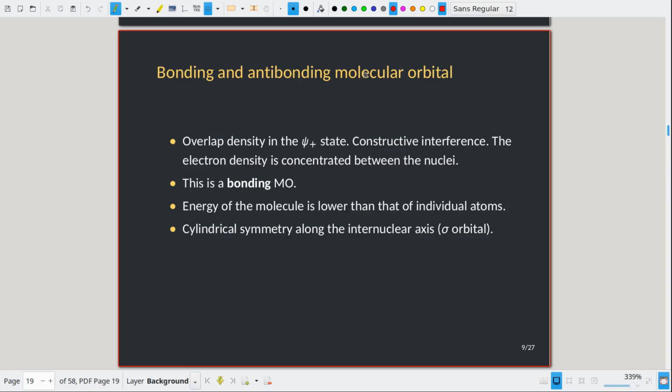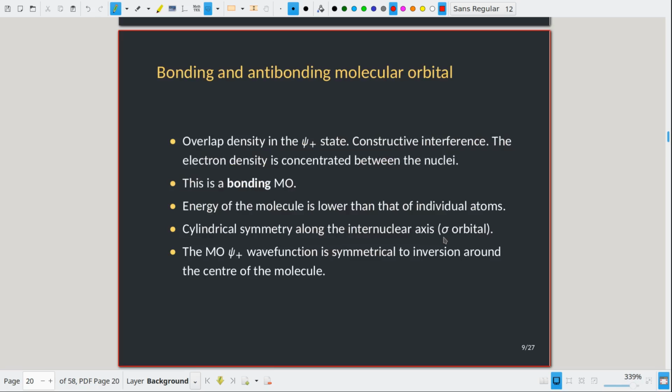This volume in which there is this overlap between the two wave functions with a constructive interference creates this sort of cylindrical symmetry along the axis that joins the two nuclei, the two protons in this case. And when you've got this cylindrical symmetry of the molecular orbital, we call this orbital sigma.